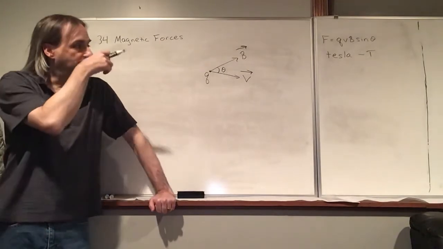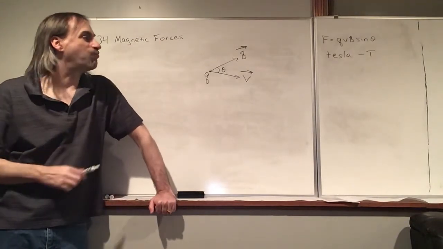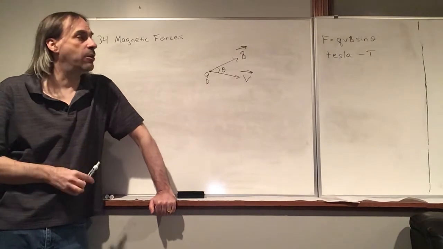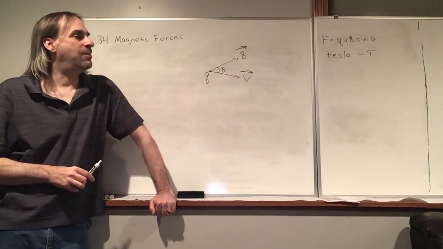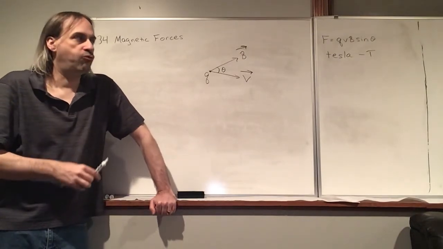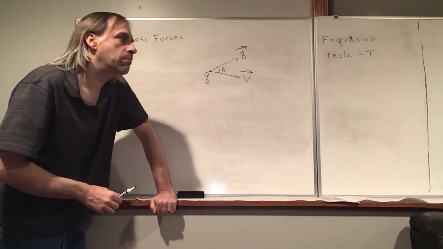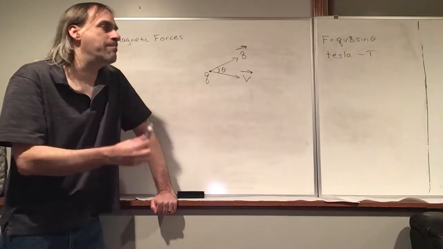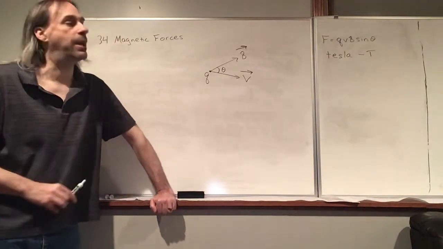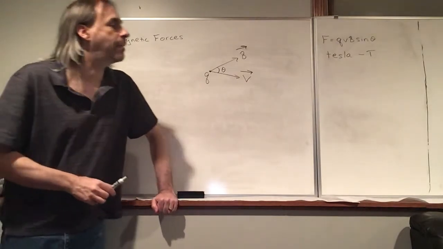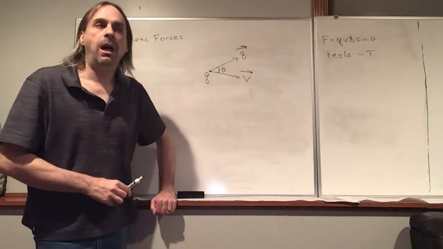So Tesla is the unit of a magnetic field. And it turns out a Tesla is a pretty large magnetic field. Normally we'd use milliteslas or even microteslas to measure the strength of a magnetic field.